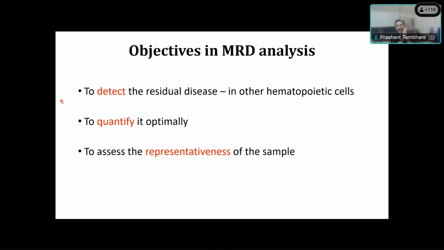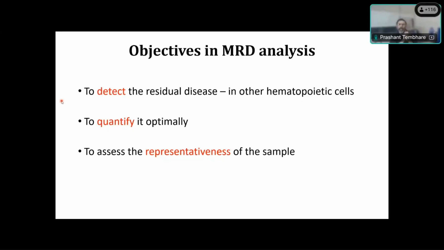Also, now we have MRD guided therapeutic protocols. If the MRD is positive above a certain level, then we can change the treatment, and there are better options now where we can give treatment based on the MRD status, and we can kill that residual disease so that we can improve and prolong the disease-free survival of the patient.